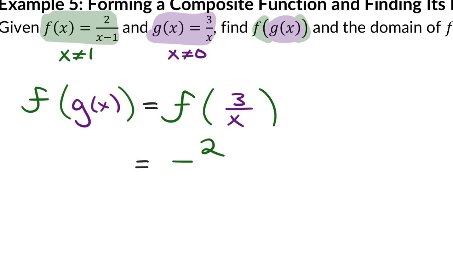We have 2 over x minus 1, but x is the purple function 3 over x. Purple's on the inside. So I'm going to take the green function, but anywhere there was an x, I'm going to put the purple thing. So I wrote down 2 over x minus 1, but the x is the purple function. It's no longer simple x, it's the entire function.